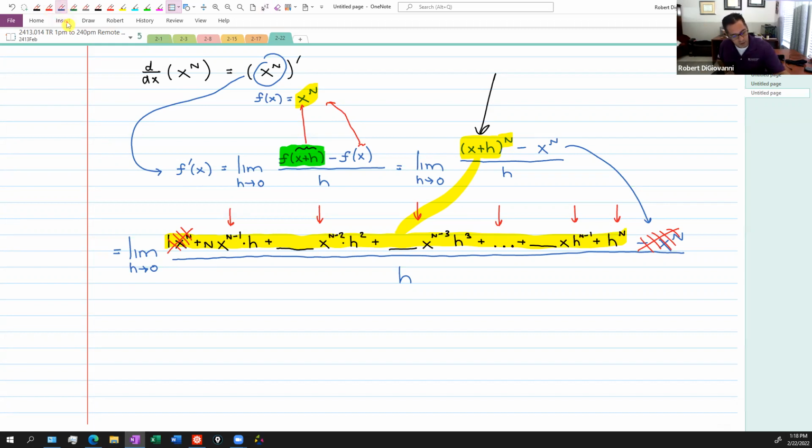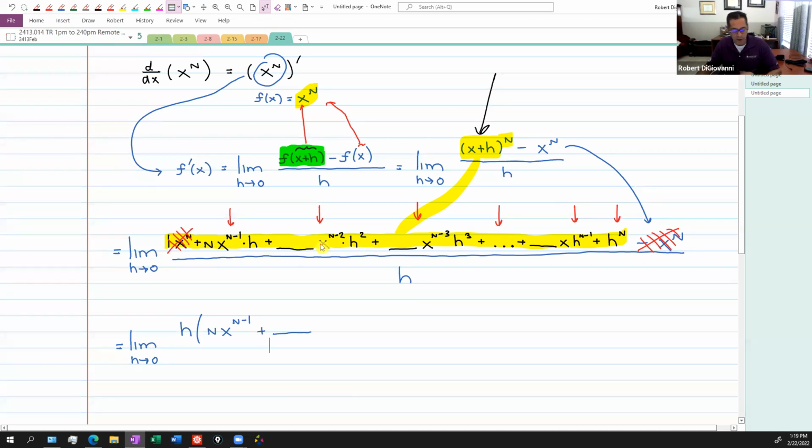Okay. So I have equals the limit as h goes to 0. I factor an h out. When I pull an h out of this first term, I'm just left with n x to the n minus 1 plus some number. I don't know what that number is and I don't care. This is going to be x to the n minus 2. Now remember, I pulled one of these h's out, so I don't have h squared anymore. I have just times h.